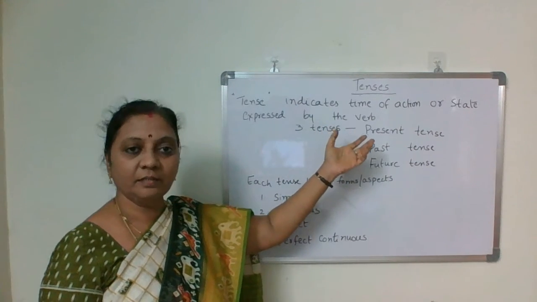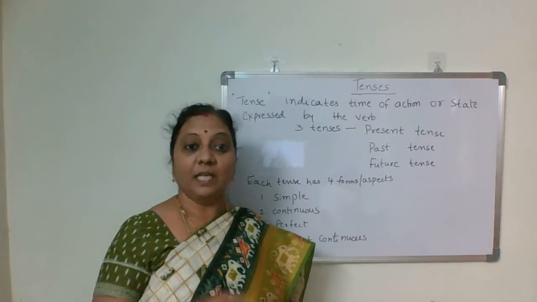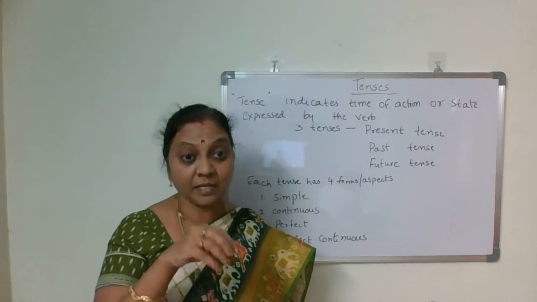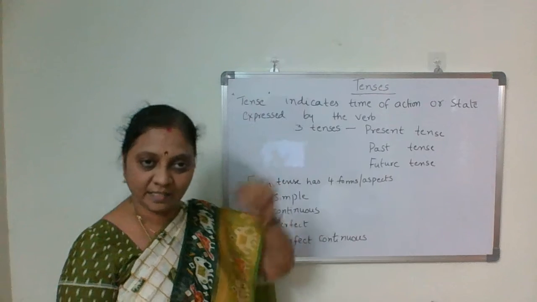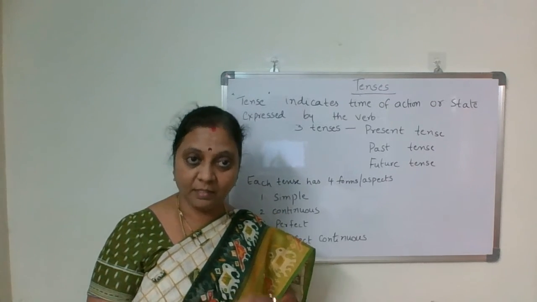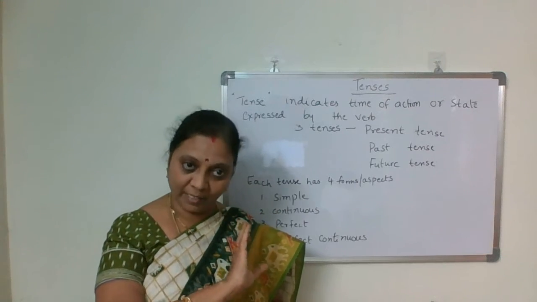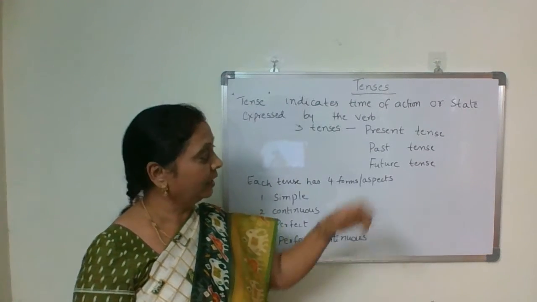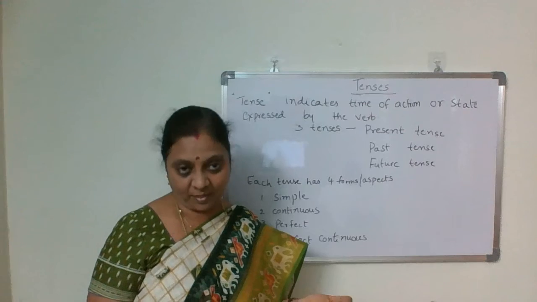The action that takes place in the current, at the present time, is present tense. The action that took place in the past, the time gone by, that is past tense.